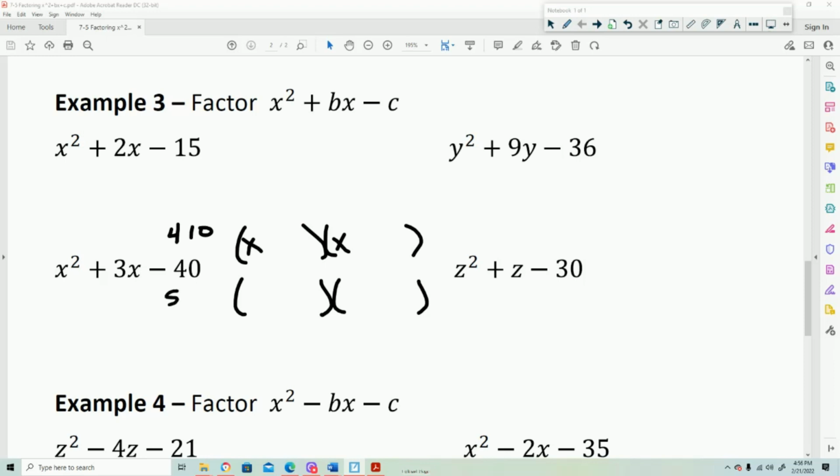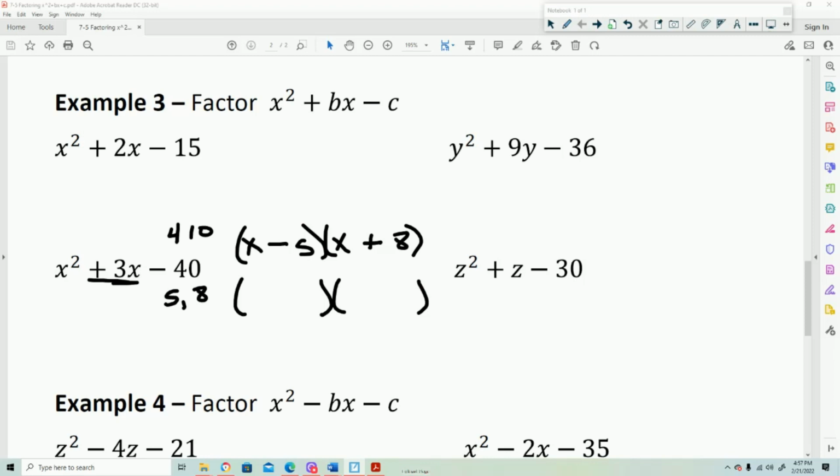What about 5 and 8? That is a difference of 3, and that indeed helps. So we've got x and x, 5 and 8. Now it's a positive 3, so the largest number needs to be positive. So we put a plus sign there, minus sign there, and everything works out.